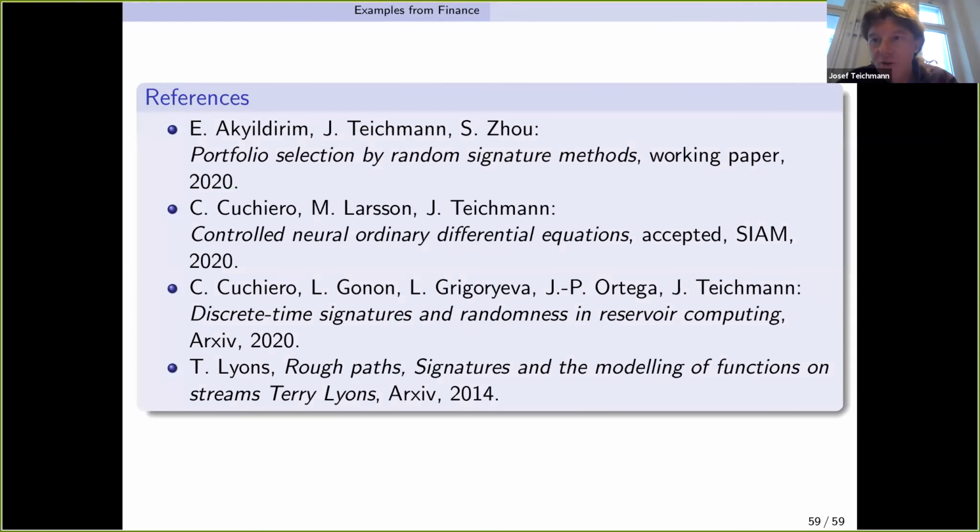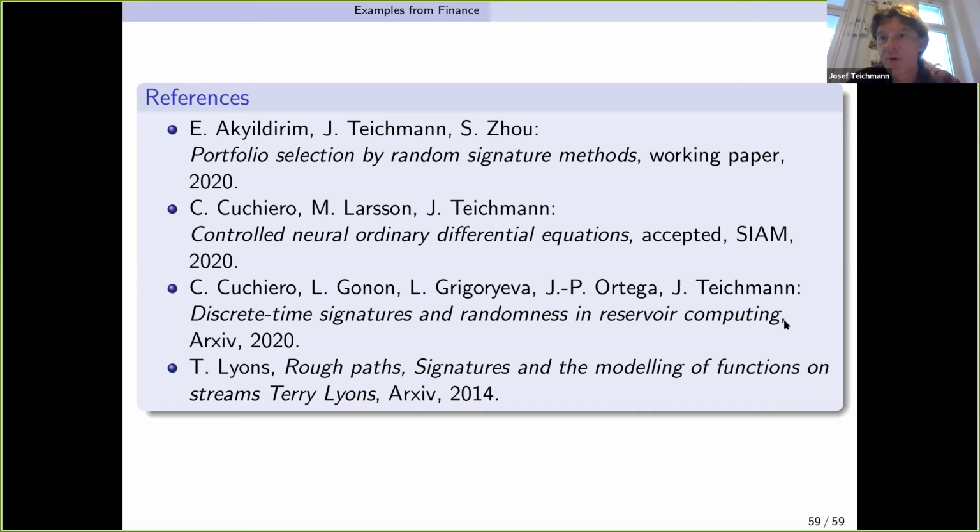I would like to tell you about important references. One is of course work of Terry Lyons, and one article where several applications are mentioned is this article from 2014, Signatures and the Modeling of Functions on Data Streams. Then I can recommend this article, Discrete Time Signatures and Randomness in Reservoir Computing.